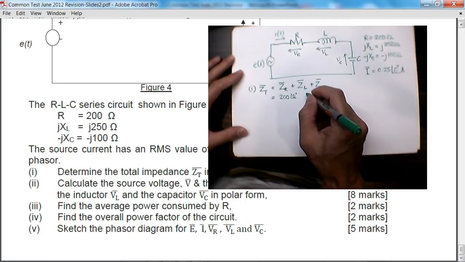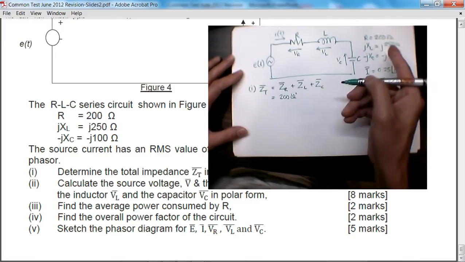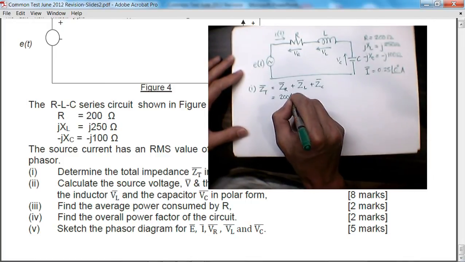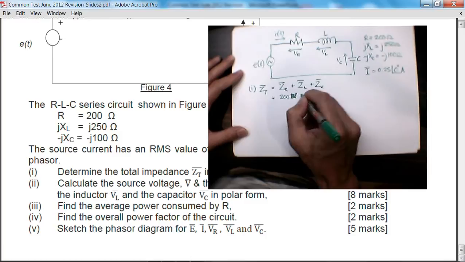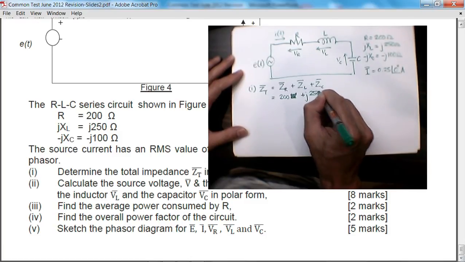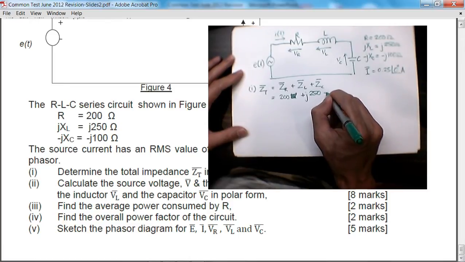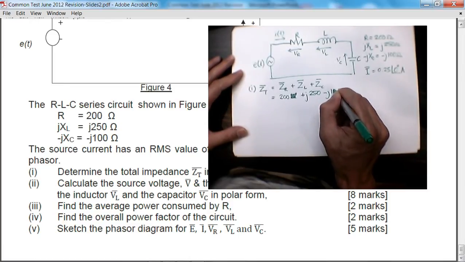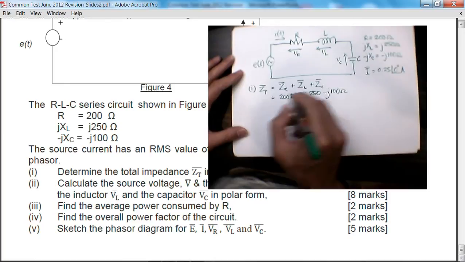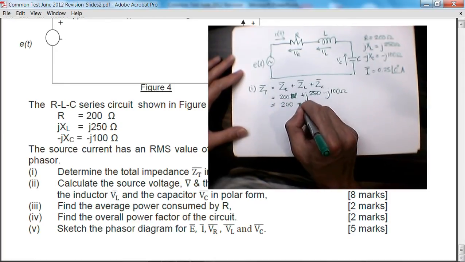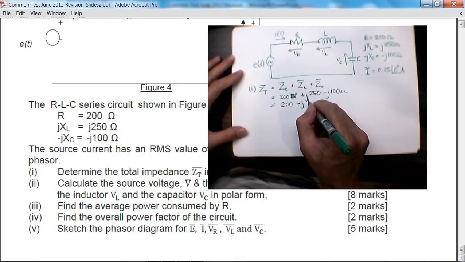The inductance, since you already provided it in the rectangular form, I shall leave it in the rectangular form, plus j250 ohms and minus j100 ohms. So in rectangular form, it will be 200 plus j150 ohms.